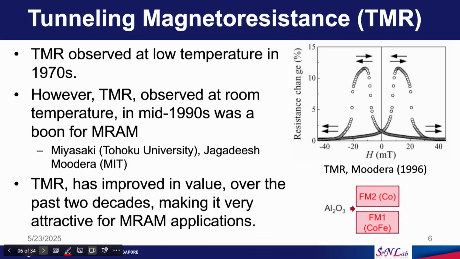So, as we learned before, tunneling magnetoresistance has a long history. Even though it was observed in the 1970s at around 4 Kelvin, in the 1990s people observed TMR at room temperature. Scientists from MIT and Tohoku University came up with the TMR observation.